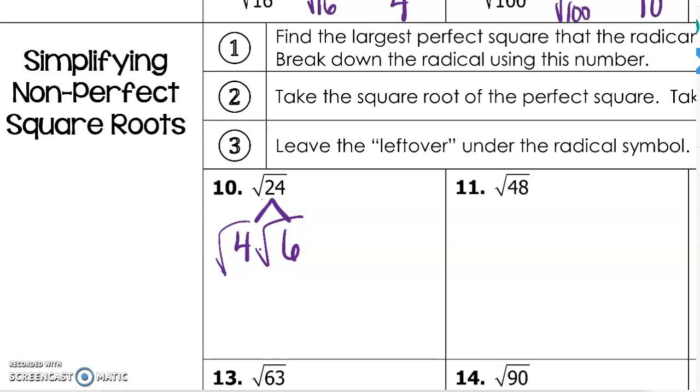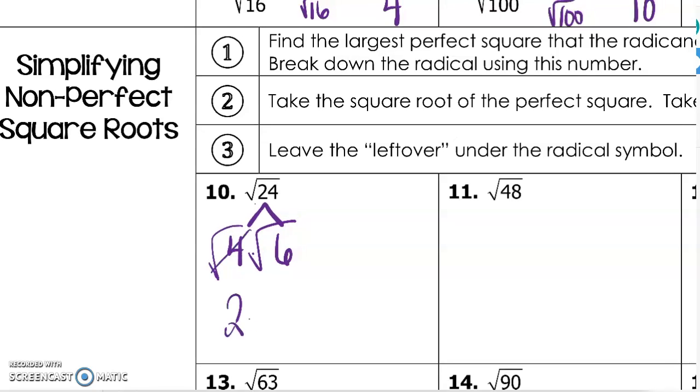The square root of 4 is 2. The square root of 6 comes along. So 2 square root of 6 is considered the simplified version of the square root of 24. So that is going to be your job for all of these, is to figure out what perfect square goes in and then actually take that perfect square out.